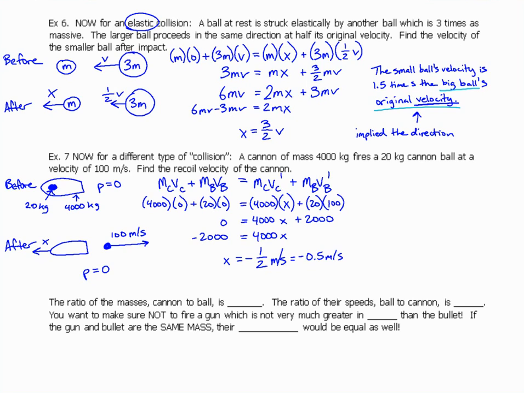So as far as the direction goes, the negative does imply some sort of a direction, but let's make a definition here. The definition is, let recoil mean in the opposite direction.